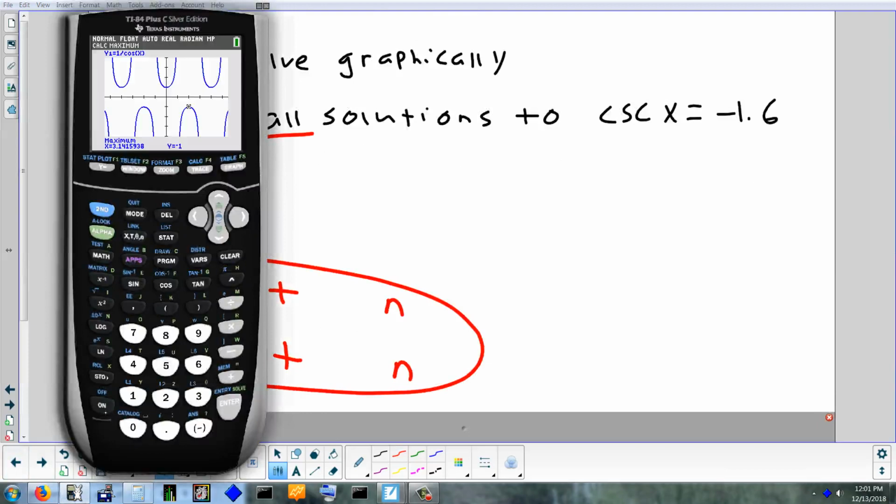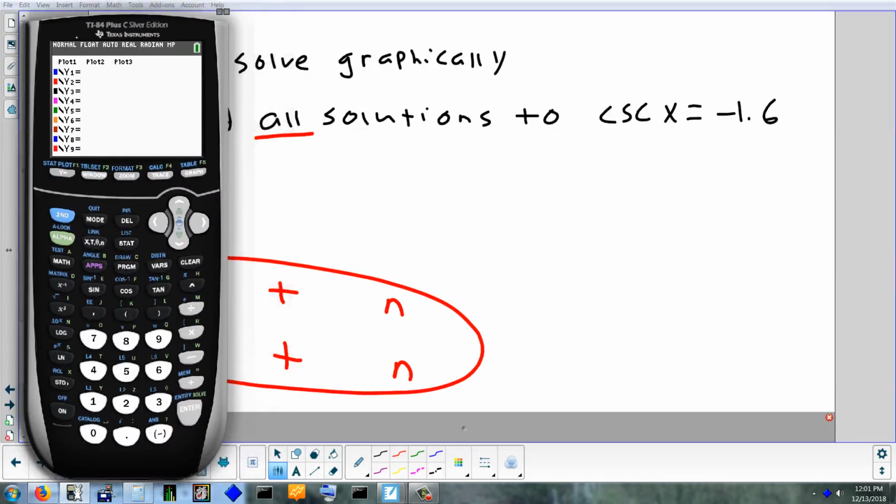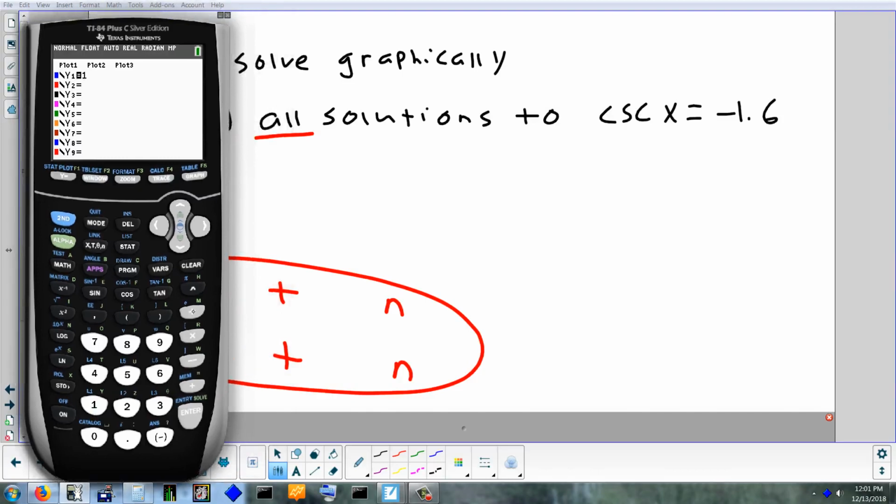Okay, cosecant. I don't have a button for that one. How do I type in cosecant? Yep, 1 over sine of x, and negative 1.6. Now, whenever you're solving for all, you just want to look at one cycle on the screen.